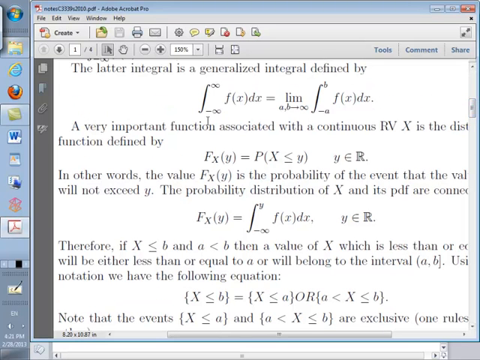Do you remember when I write the integral from negative infinity to infinity, this is called the generalized integral, and that integral is the limit when a goes to negative infinity and b goes to plus infinity of the integral of f of x. So it's a limit of definite integrals.